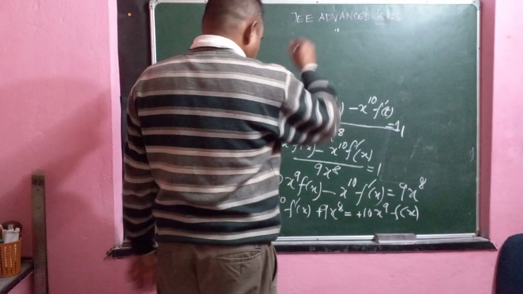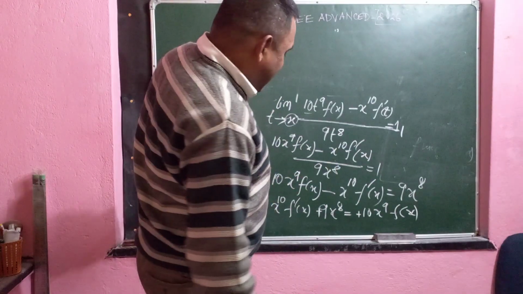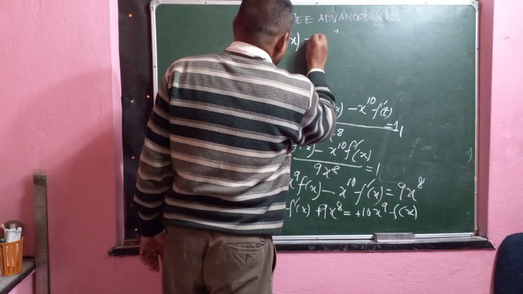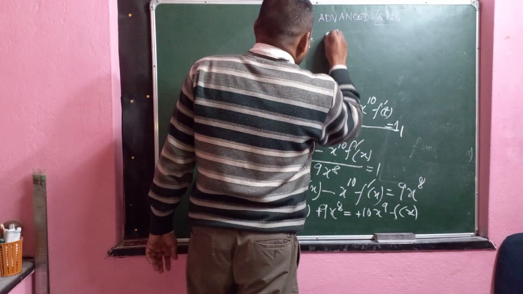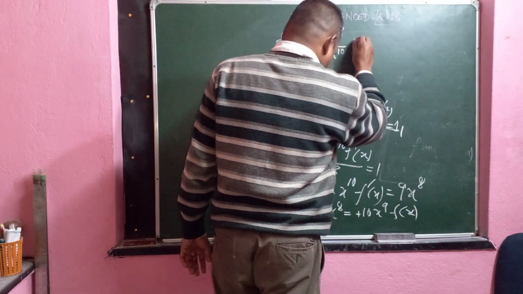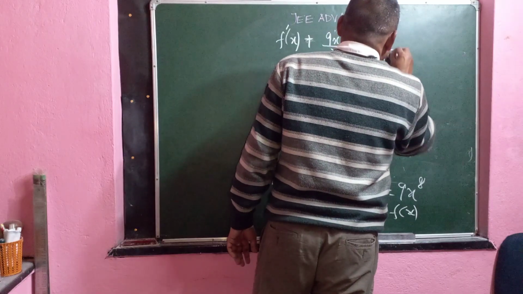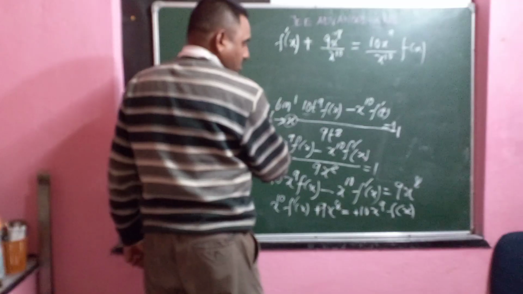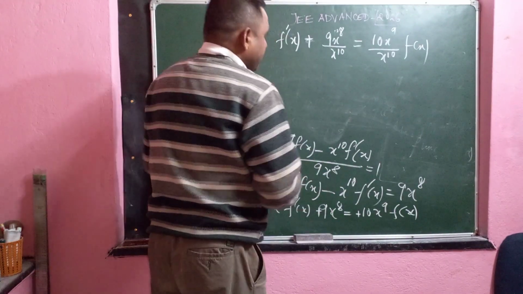Now if you divide the entire equation by x to the power 10, what will you get? f dash(x) minus 10 by x f(x) is equal to minus 9 by x square, since 9 x to the power 8 divided by x to the power 10 is 9 by x square.